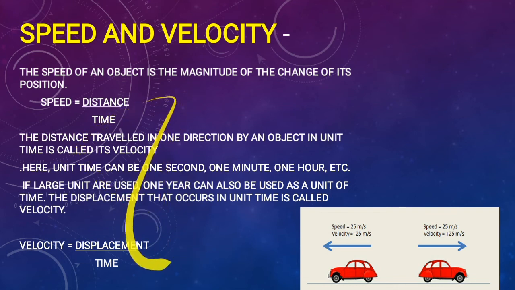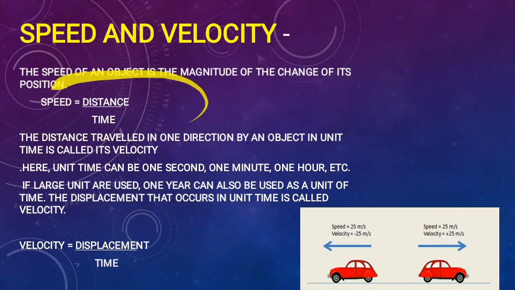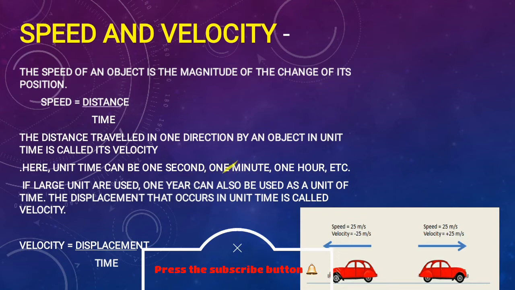So what exactly is the difference between speed and velocity? Now again the same example of scalar and vector comes here. If I say a car is traveling with a speed of 25 meter per second, that is nothing but speed. Did I mention any direction, north, south, east, west?